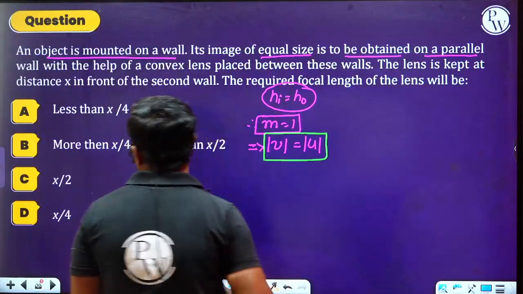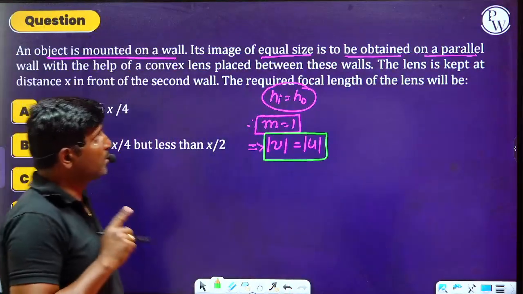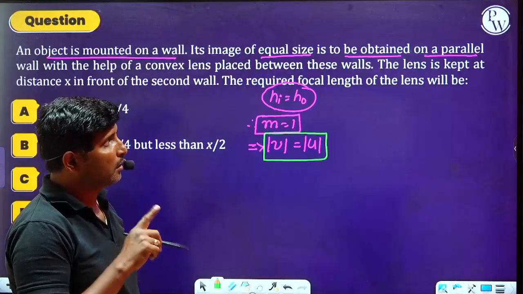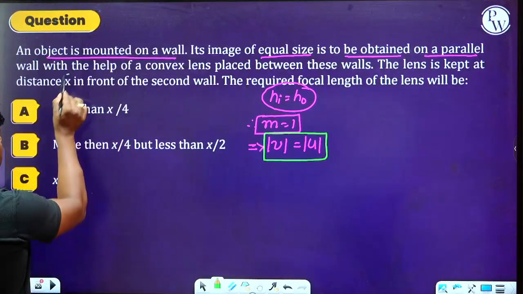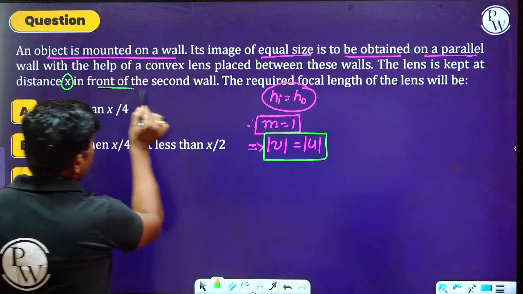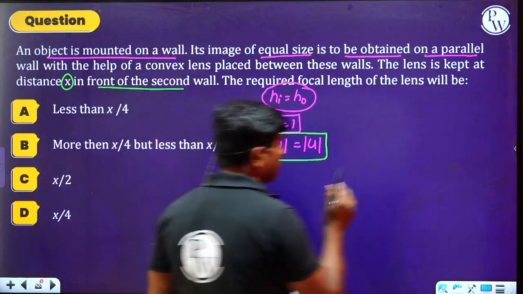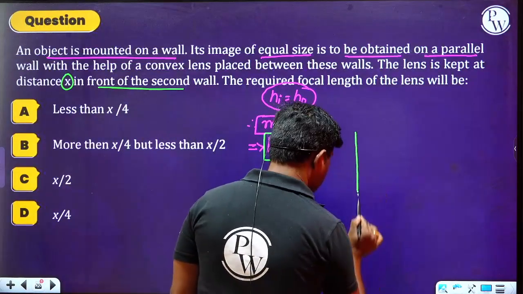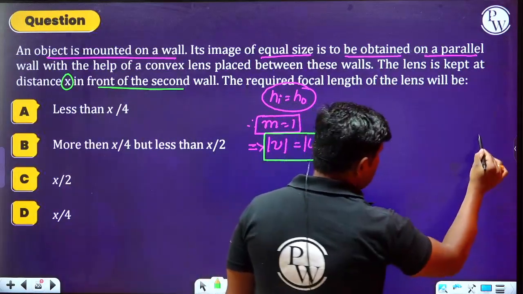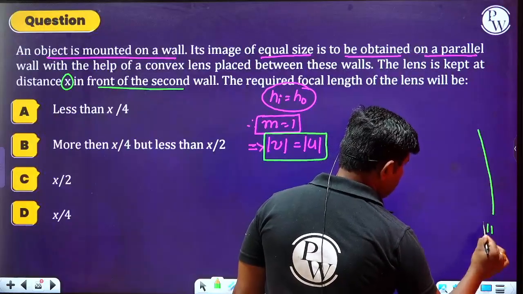Is it clear? Please observe this. With the help of a convex lens placed between these two walls, the lens is kept at a distance x in front of the second wall. Let us say this is the first wall and this is the second wall.